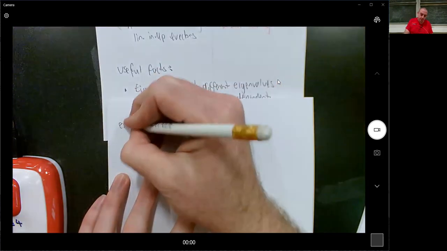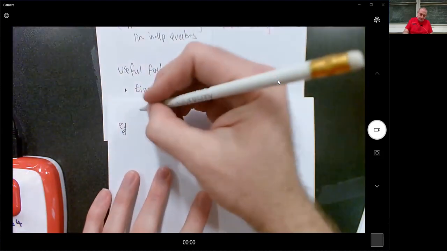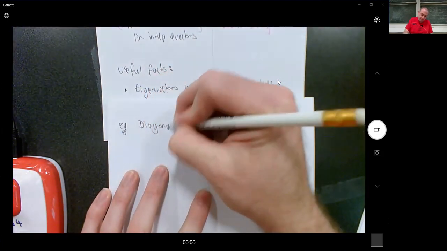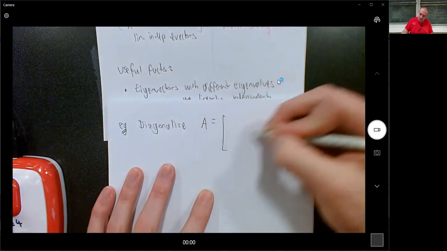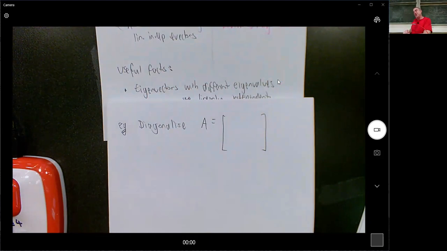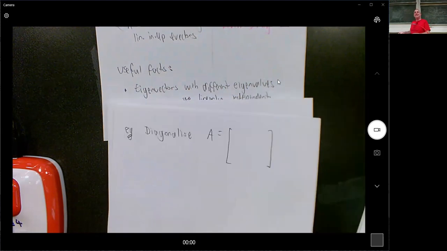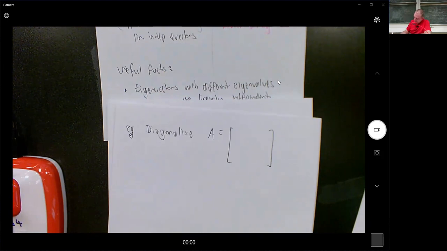Okay. It's just going to take a moment for me to think of a matrix that's going to work in any reasonable way. Bear with me. Okay.